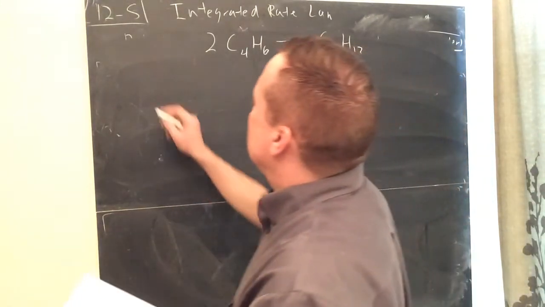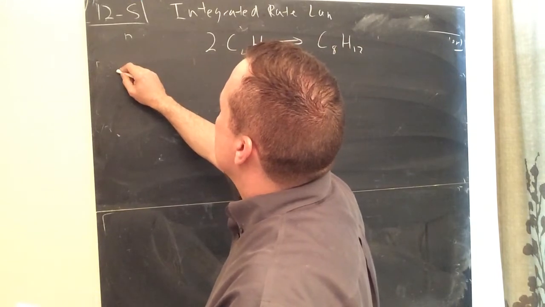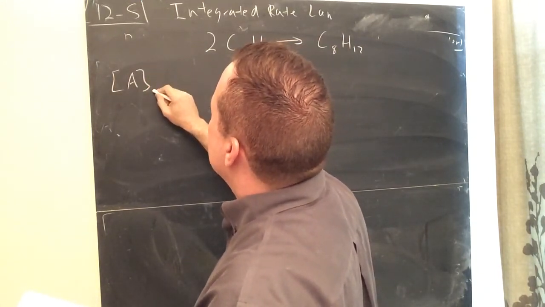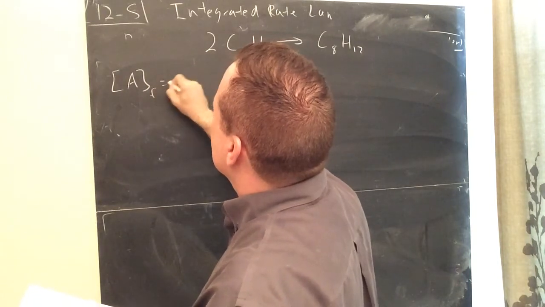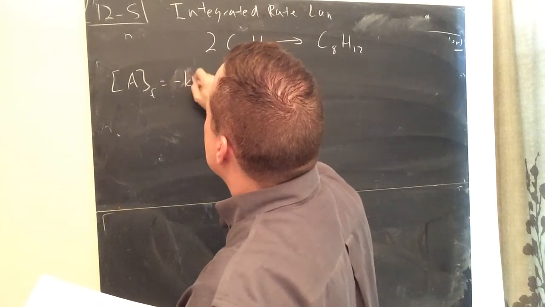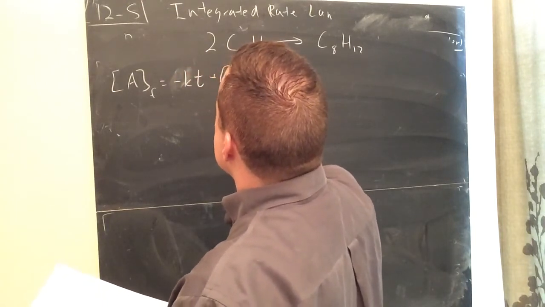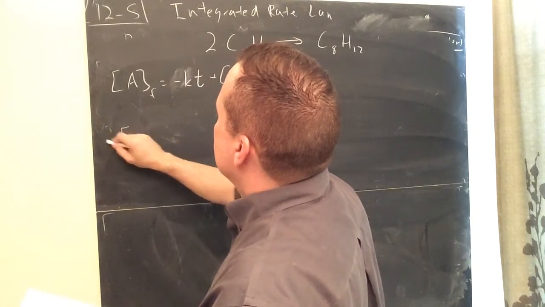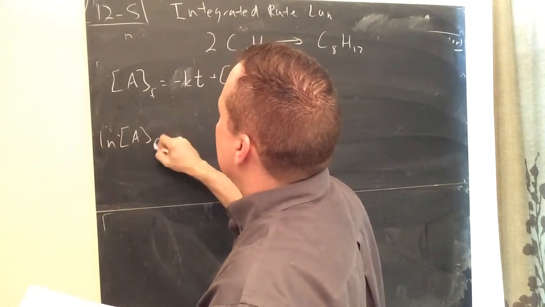Let me just show it to you real quick. Okay, so I have to write these down again. Negative kt. I'm going to make a change on these equations. You'll see why in a minute. Natural log of A final.